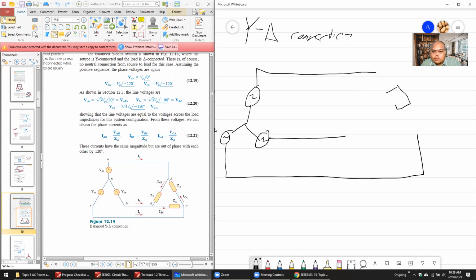So triangle, triangle, and triangle. Make sure you know how to draw this because usually they ask you to draw in the examination.